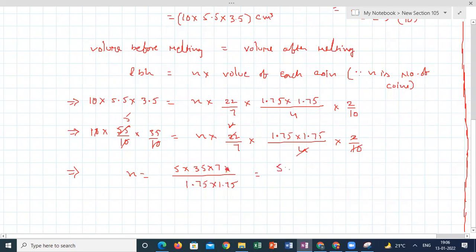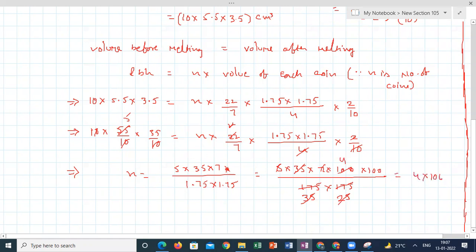This can be written as 5 into 35 into 7 into 100 into 100 divided by 175 into 175. 5 3s are 15, 5 5s are 35, 35 cancel. 5 into 35 is 175. 7 2s are 14, 7 5s are 35, 4 times. So 4 into 100 is finally remaining out of all cancellations. So number of coins made from that cuboid is 400.